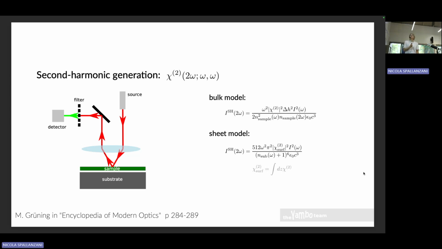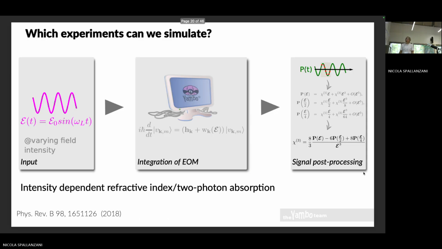So be careful when you compare this with the experiment, and be aware that they are not measuring this directly. When you read the paper, try to see how they extract the chi2, or when you talk with your experimental partner, ask how they extract the chi2.